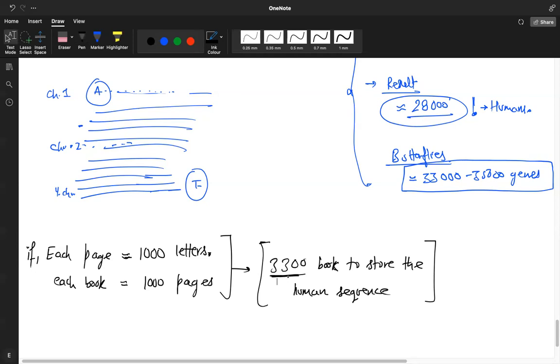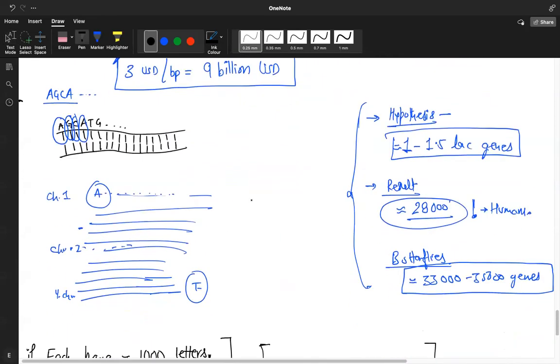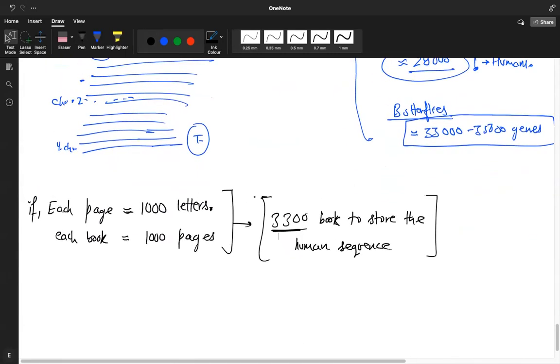Now write down: Human Genome Project led to the development of. So this kind of data can be worked on or accessed only through computers, right? If I give you access to a library which has 3300 books, all containing the human genome, and suppose you are working on a gene and you want to find on which chromosome that gene is, will you be able to find it out?